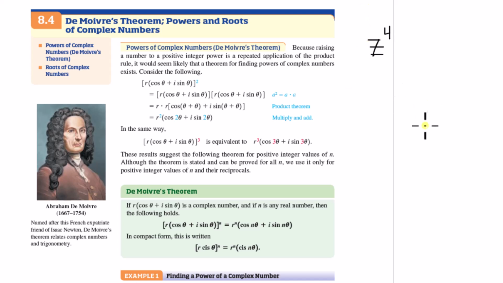If we wanted to find a plus bi to the fourth power, we know how to multiply complex numbers, so you could just multiply a plus bi by itself, get a number, then multiply that by a plus bi, then multiply that result by a plus bi, right? Powers is just repeated multiplication of the same number.